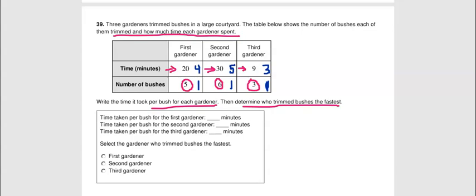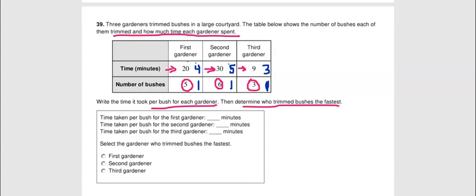To get the unit rate, I divided 5 into 5 to get 1, and I divided 5 into 20 to get 4. And then I divided 6 into 6 to get 1, and 6 into 30 to get 5. Okay, 6 times 5 is 30. And then I divided 3 into 3 to get 1, and 9 divided by 3 is 3.